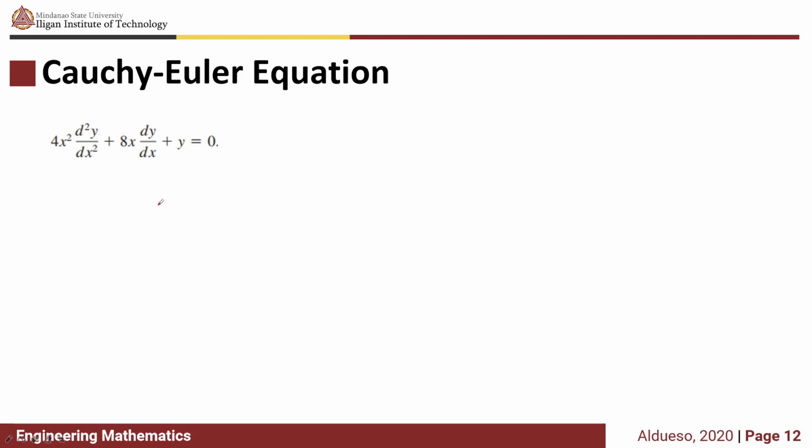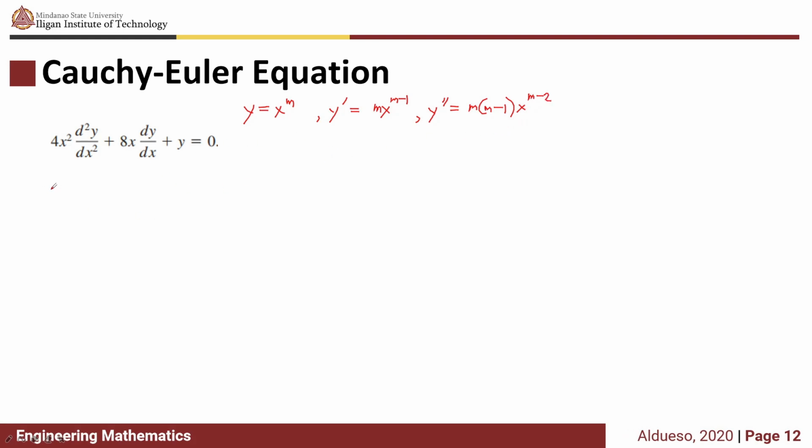The next example, we have this second order differential equation. Again, our solution is of the form y equal to x to the m, first derivative m x to the m minus 1, and second derivative m times m minus 1 times x to the m minus 2.